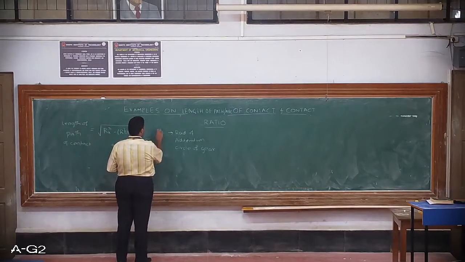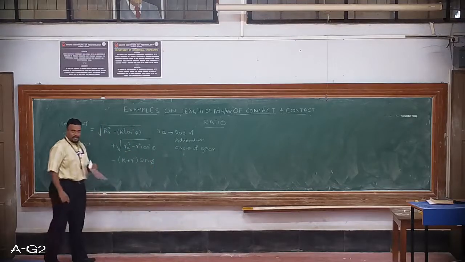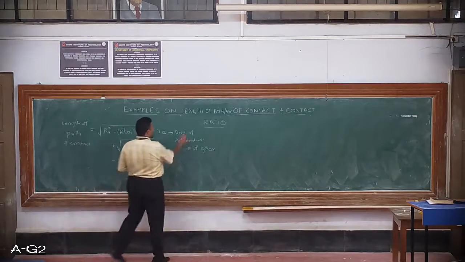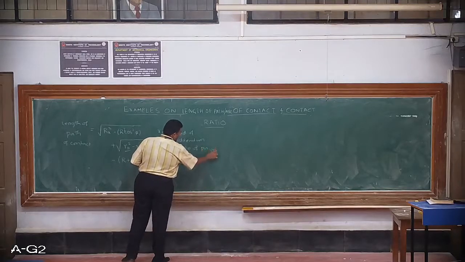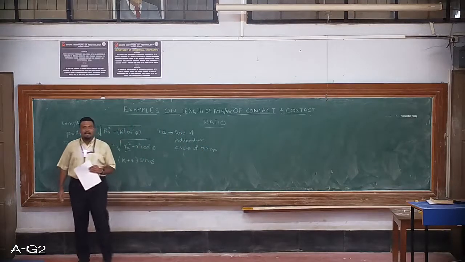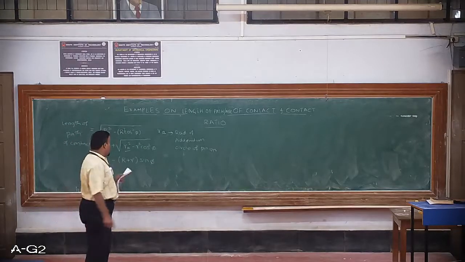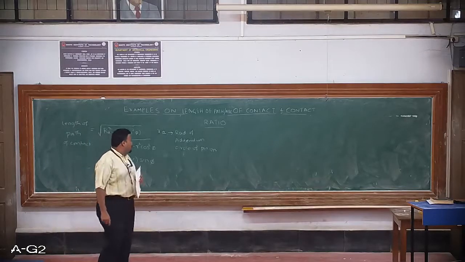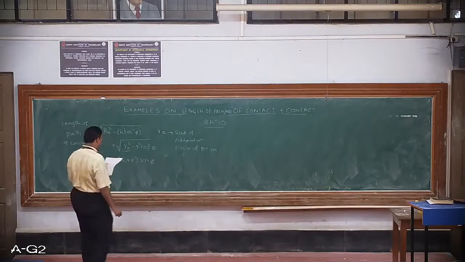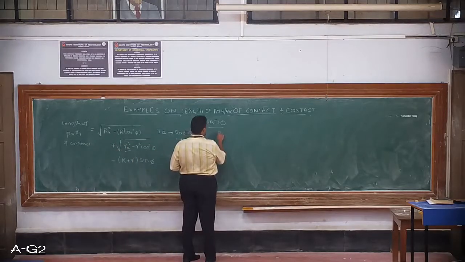Then we have small RA, which is located over here. So this is radius of addendum circle of pinion.